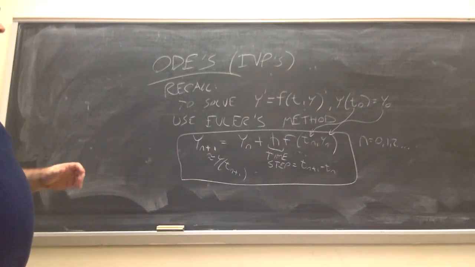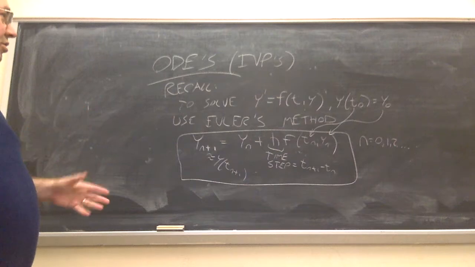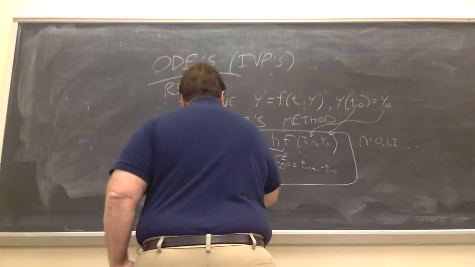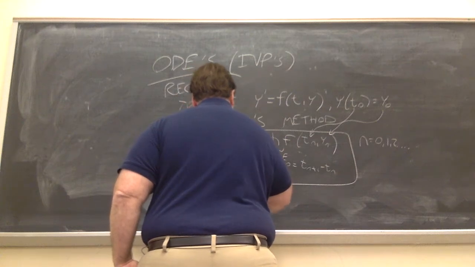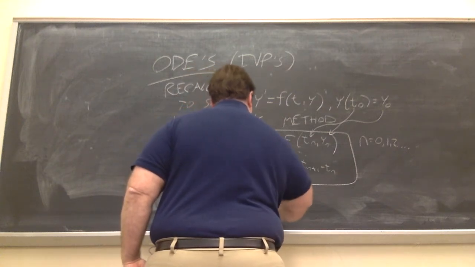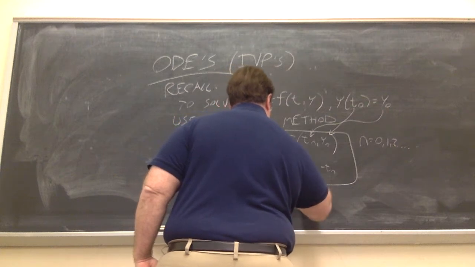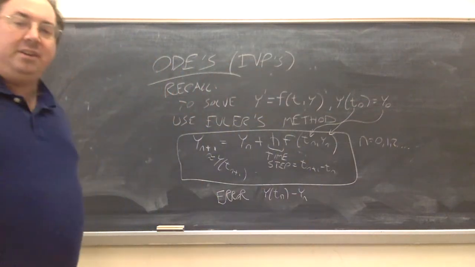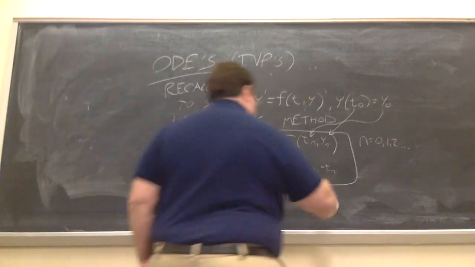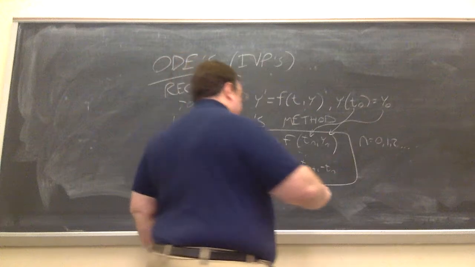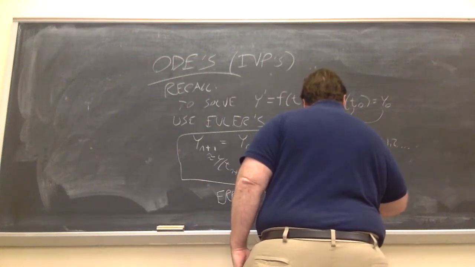Okay, and after an excruciating series of manipulations, what we saw was that the error, the difference between the exact value and the approximate solution value at the same time, I'm not going to write out the whole formula, we don't really need that, but it's big O of h.